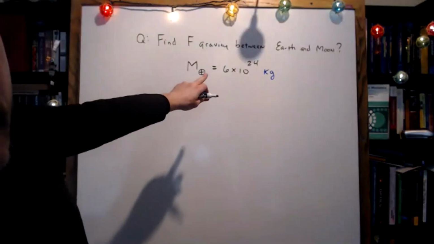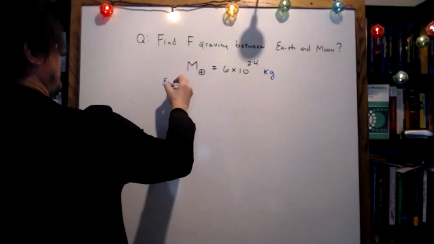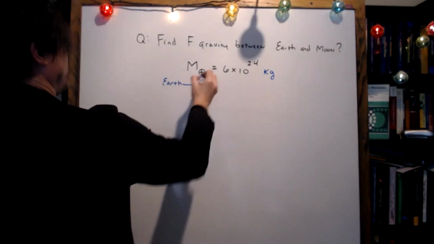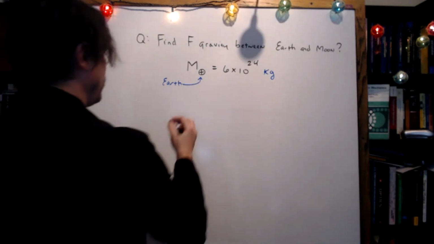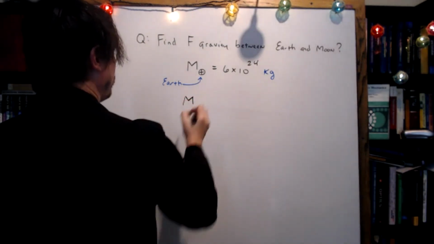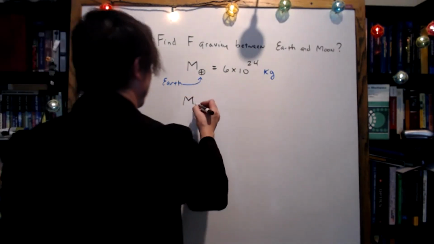Students, I don't want you to freak out, but that little circle with a cross in it is the astrological symbol for the Earth, all right? Sometimes we have little symbols for Earth and moon. The mass of the moon also has a symbol. It's like a little crescent, but I kind of suck at drawing a little crescent.